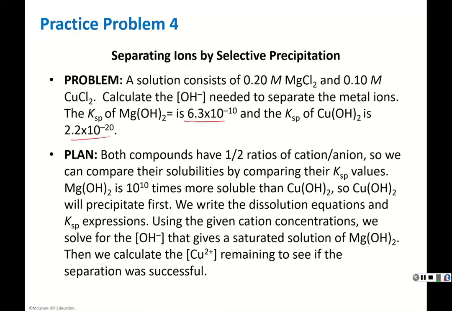Well, first we need to write out our equilibria. And magnesium chloride and copper chloride, right? They're just going to dissociate in solution. We know we have 0.2 molar and 0.1 molar of each of these, right, stated in the problem.